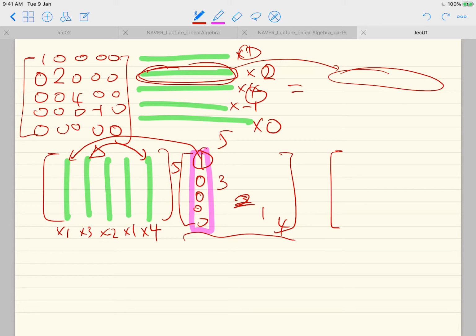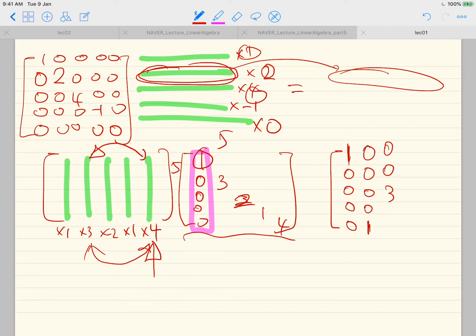Okay, then if we want to just change the second and the fifth column, the first column should be set as 1, 0, 0, 0, 0 to pick up the first column. And then what about the second column? In order to produce the second column, we have to pick up the fifth column. So it will be 0, 0, 0, 0, 1.